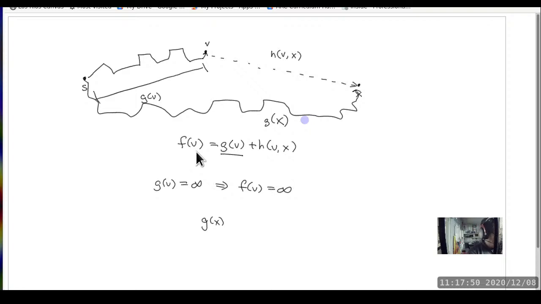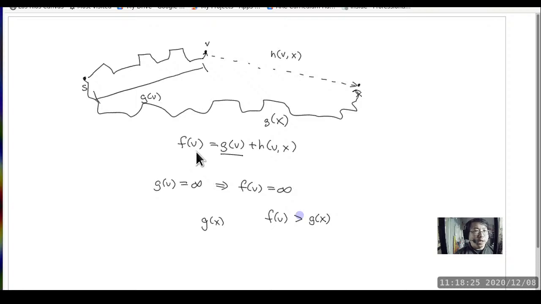So now we ask the question, what does it mean when f of v is greater than g of x? Not greater than or equal to, just greater than, because it's easier to process. It means v cannot be a midpoint on a shortest path from the starting point to the destination.